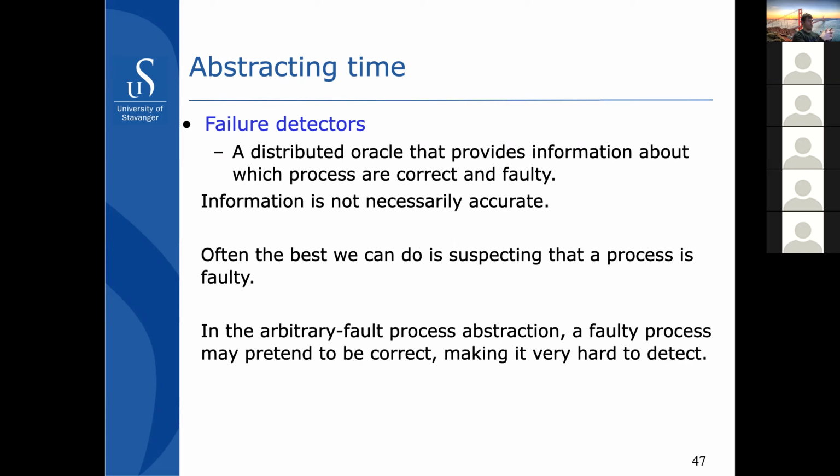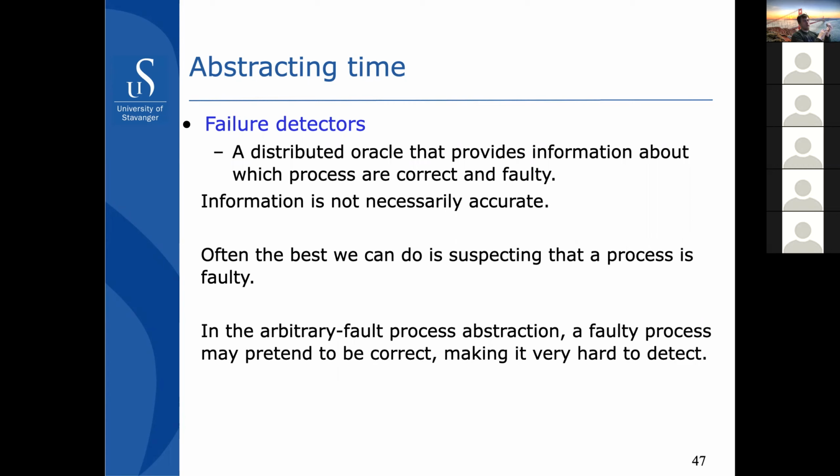But the difficult thing here is that the information is not always accurate. So what this means is that if you, for example, have, let's say, a synchronous system, meaning that there is an upper bound on the time delay.